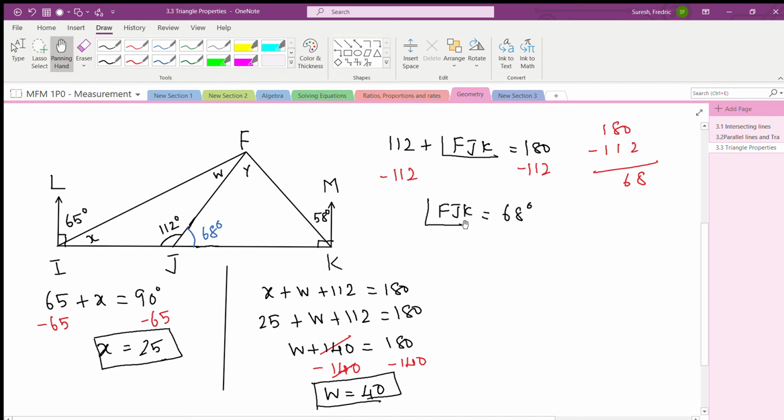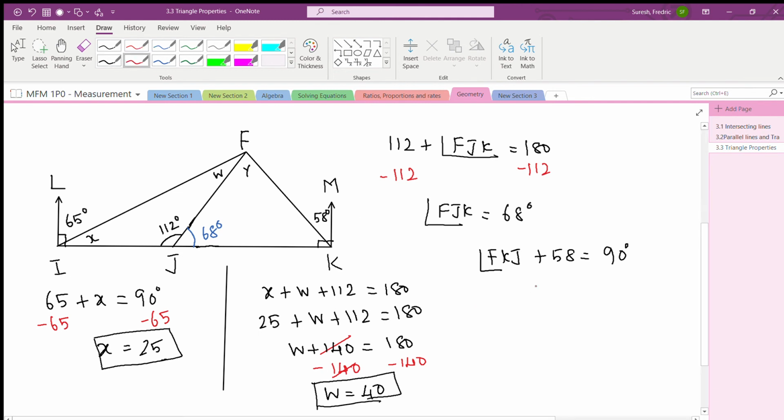In the same way, we have to find this angle here. That angle is FKJ. So how do we do that? Here we go. Angle FKJ plus angle 58 is 90 degrees because they are complementary angles.